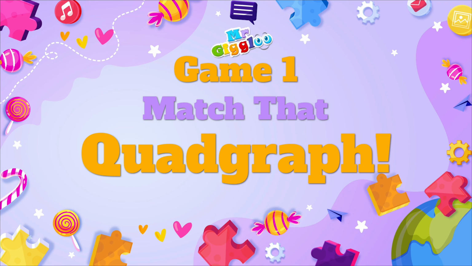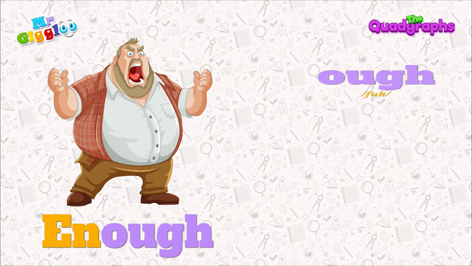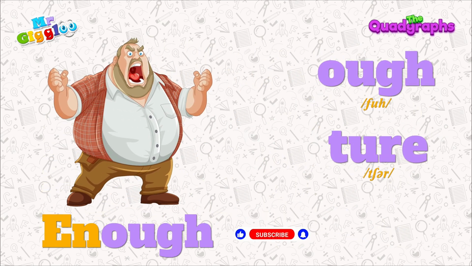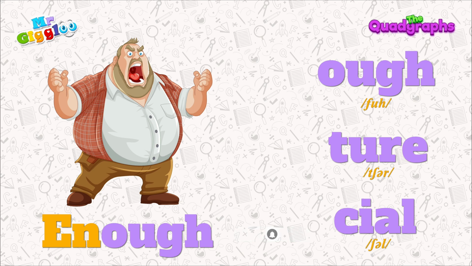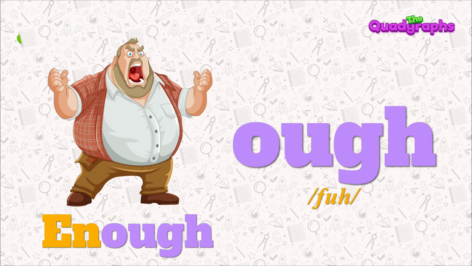Game 1. Match the quadgraph. Enough. And the options are OUGH, TURE, CIAL. Do you know which quadgraph is in this word? It's OUGH. Enough.